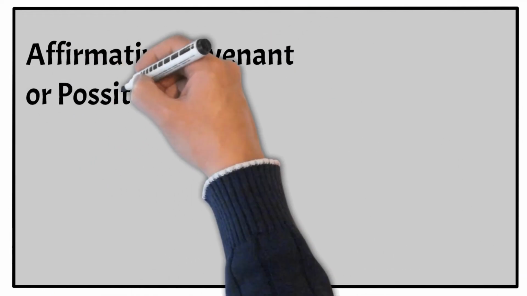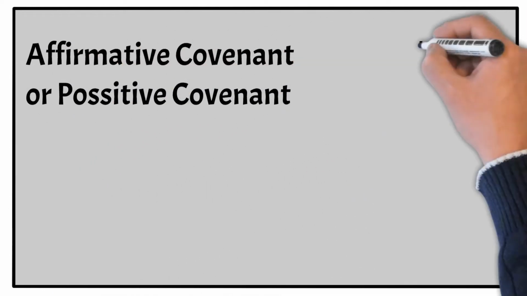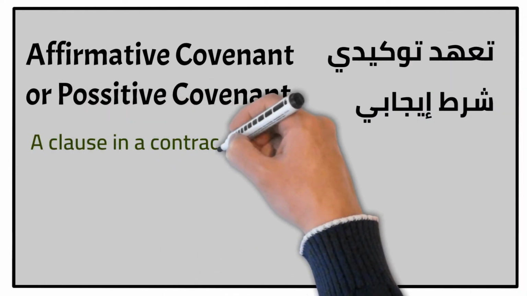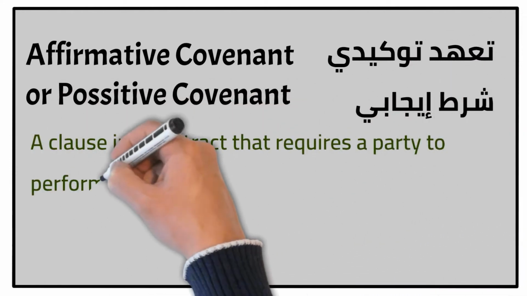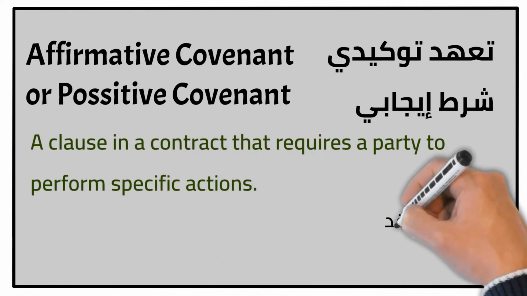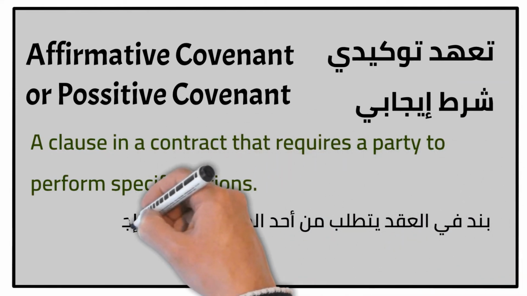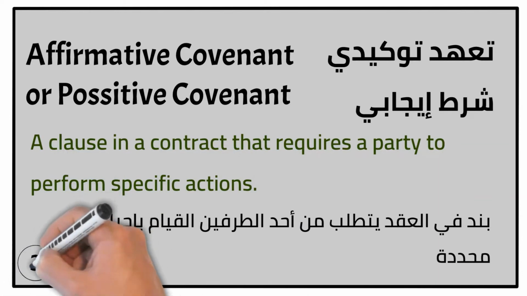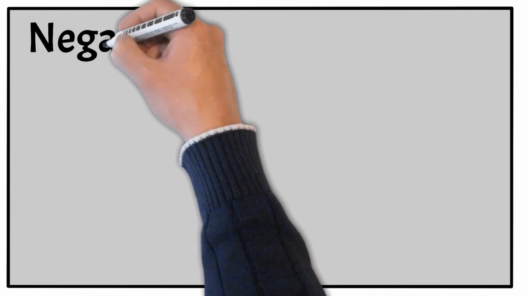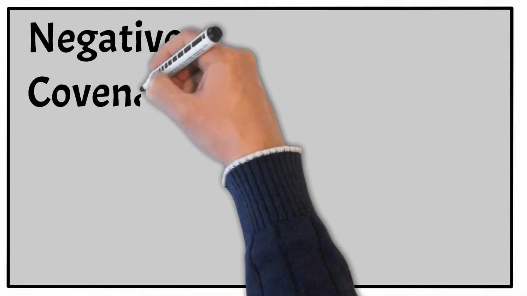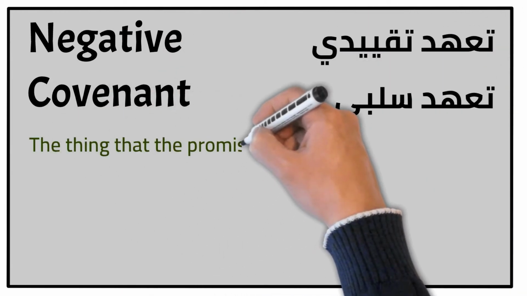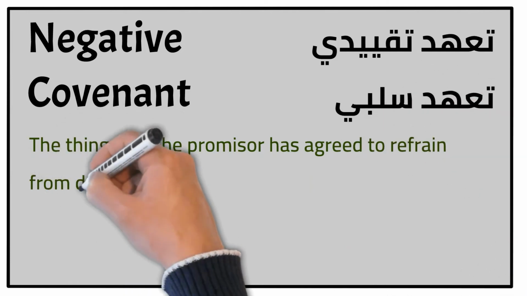Affirmative covenant. It is also called positive covenant. This term means a clause in a contract that requires a party to perform specific actions. Negative covenant. This term means the thing that the promisor has agreed to refrain from doing.